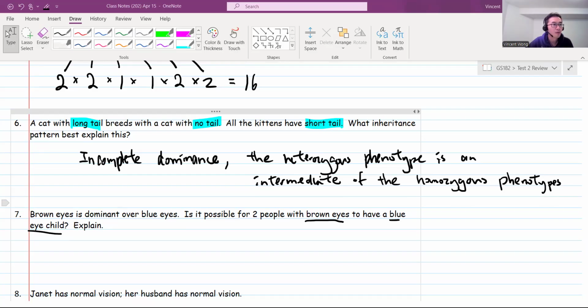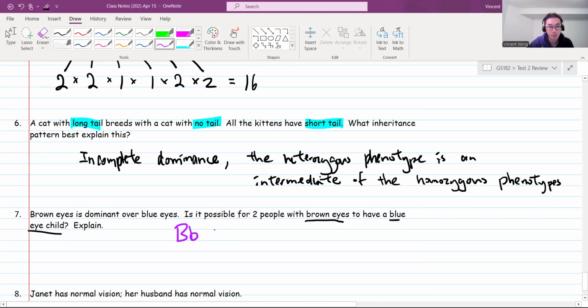Okay, we have an overwhelming number of answers saying yes. And Zoran had the answer in the chat box, actually. If the parents are big B, small b, and you do the Punnett square, then there's a 25% chance of small b. Big B is brown, small b is blue, right? So if the parents are heterozygous, there's a 25% chance.